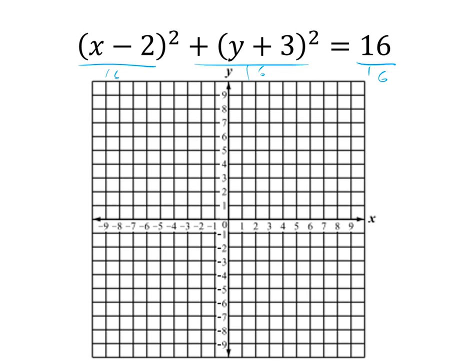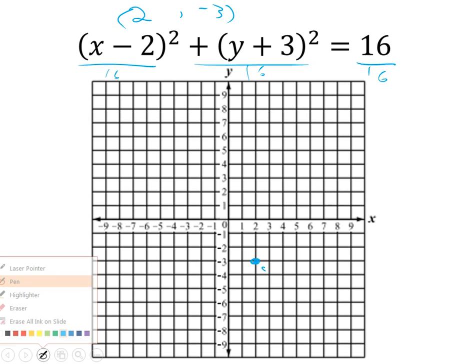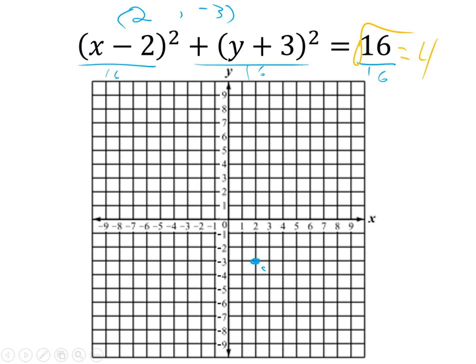The first thing we want to do is identify our center. Our center is going to be at 2, comma, since it's a positive, negative 3. So we're going to start at (2, -3). There's our center, C. Now we want to identify our radius. It's the square root of 16, which is 4.